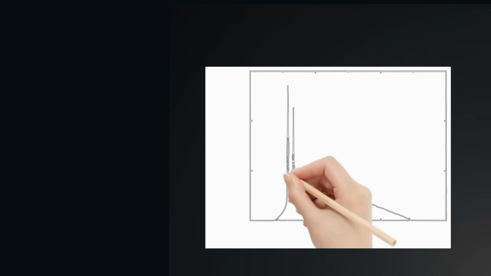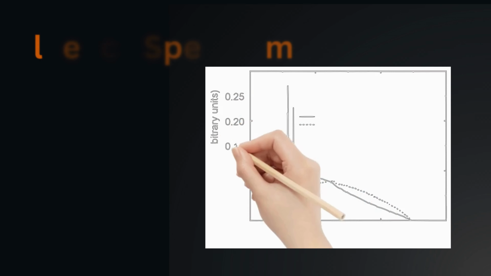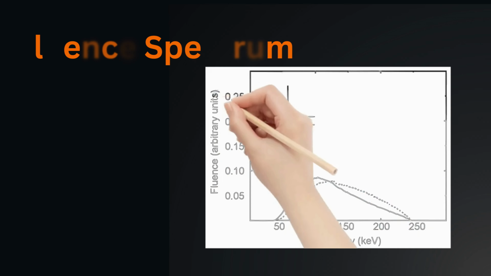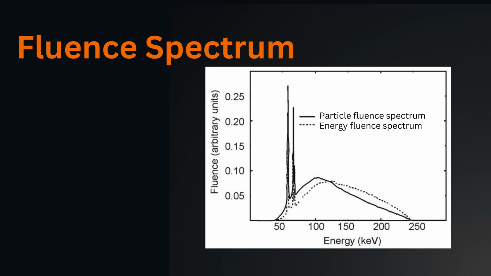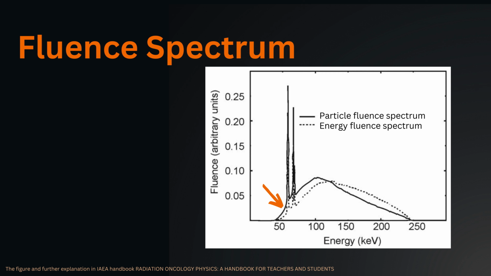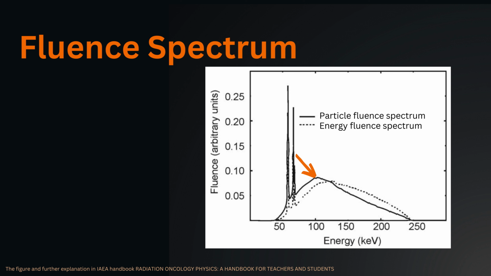Look at this figure. This figure shows the photon fluence spectrum and energy fluence spectrum for an X-ray beam with kVp of 250 kV. If you look at the photon fluence spectrum curve, you can see that the fluence increases with increasing energy until it reaches the peak, then the value decreases.